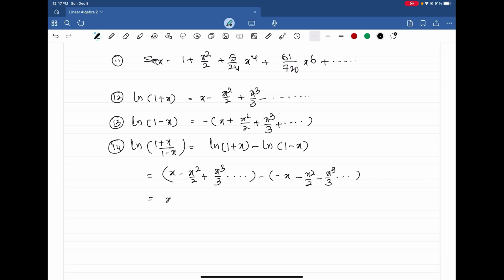This is equal to x plus x plus x cubed by 3 into 2 plus x to the power of 5 by 5 into 2 plus so on. The plus x squared by 2 and minus x squared by 2 get cancelled. Then this value will be 2 into x plus x cubed by 3 plus x to the power of 5 by 5 and so on. This is the value of ln((1+x)/(1-x)).